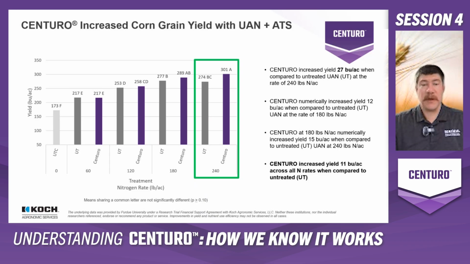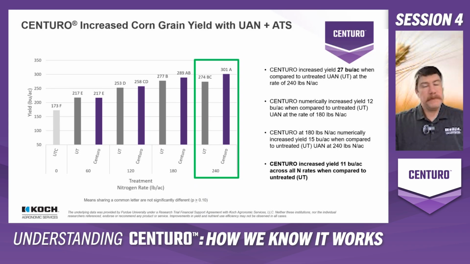Again, just illustrating the point that even though we're putting on more ATS than we need, it's still not functioning as a nitrogen stabilizer. As a quick call out here, some of you may be thinking, well, as you add ATS, you've increased the amount of sulfur in these different treatments, and that is 100% accurate. But gypsum was applied to mitigate the sulfur application rates across all treatments, and so that factor was controlled for because all treatments ended up with the same amount of sulfur.